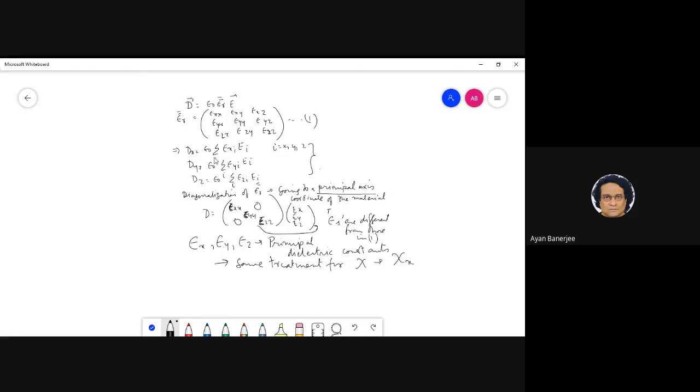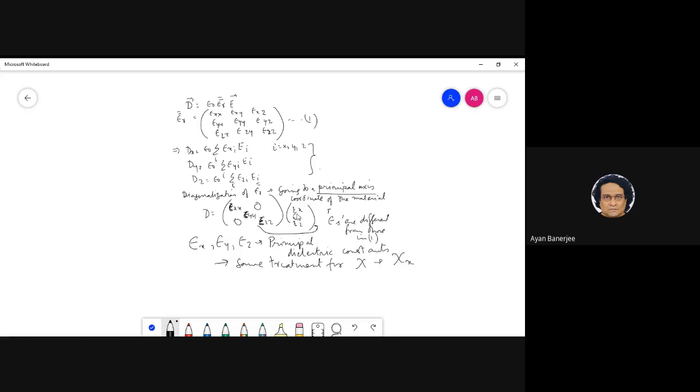Basically, this is the dielectric displacement field, which is essentially the field inside the crystal brought about by the electric field that is incident. When I go to the principal axis coordinate system, the displacement field that will occur in the system is not going to be the same for the same incident electric field. The electric field is an input, so it is always independent of what material it is.